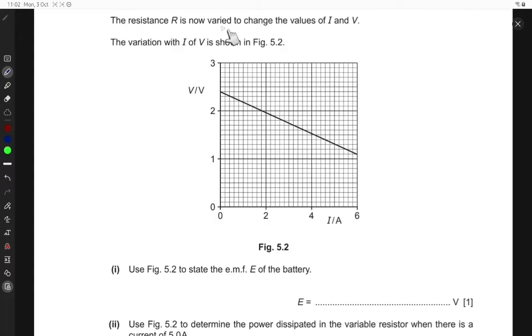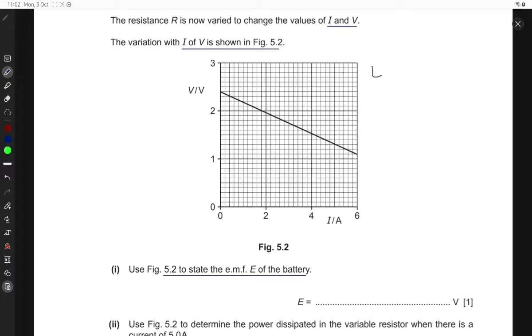Now the resistance R is varied to change the values of I and V. So you vary the resistance, that means different amounts of current will flow through that resistor. The higher the resistance, the less the current flows, and that also determines the different potential drops across the resistor. Now the variation of I with V is shown in this figure. As you can see, here we have the potential difference, we have the current, and it is a decreasing gradient straight line.